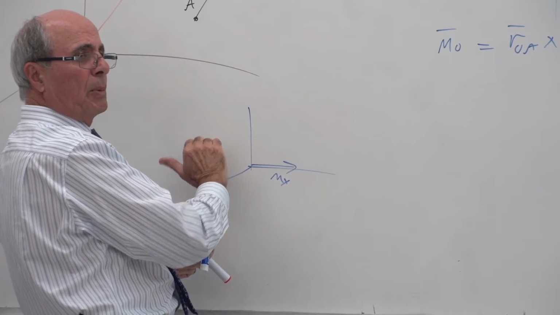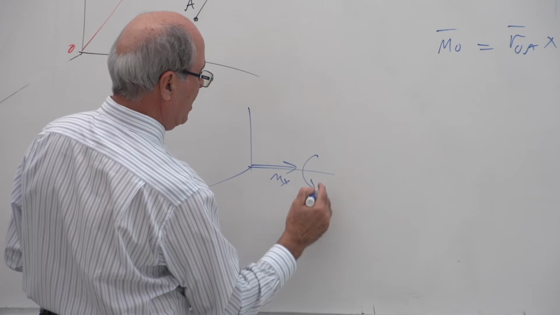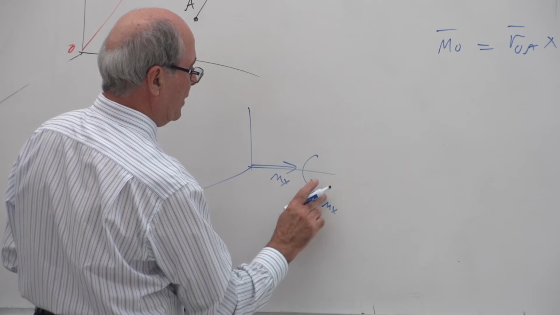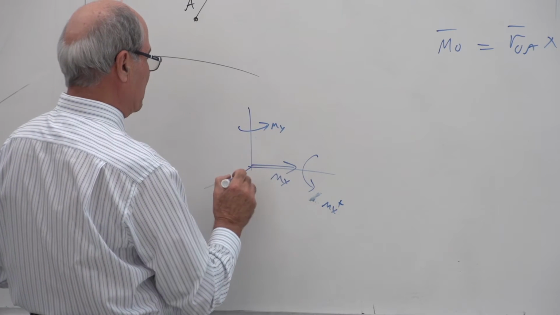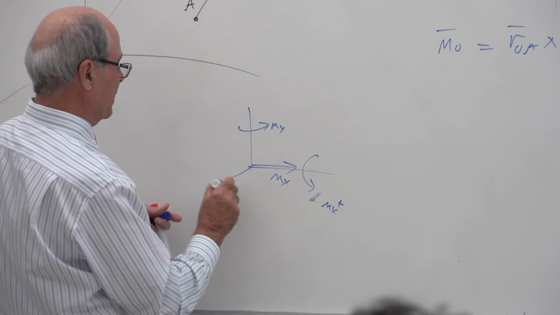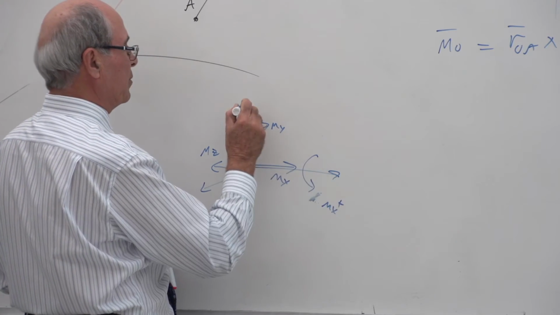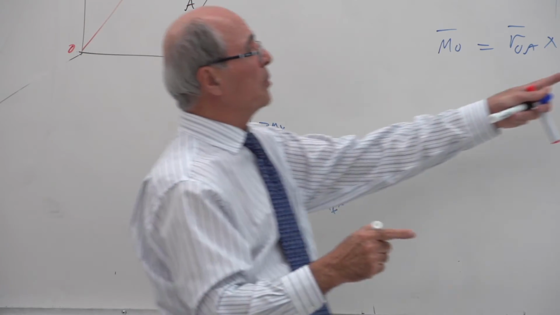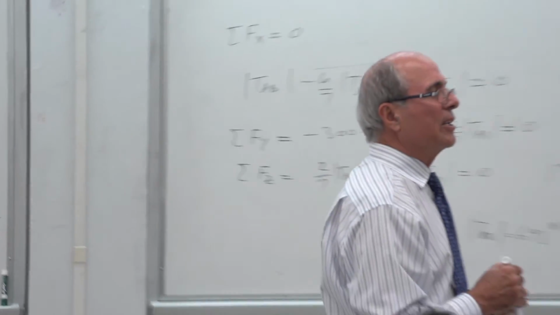That's what I showed last time. This is Mx plus, and this is My, and this is going that way. This is positive, positive, positive. So if this ends up 0, then I don't have any moment about the x-axis.